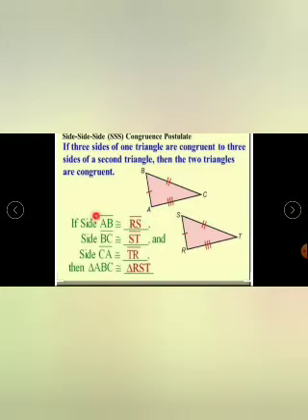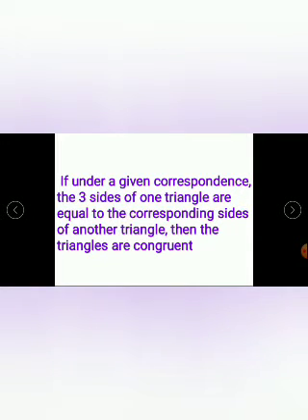That means AB should be equal to RS itself, not AB equal to ST. Then we cannot say that corresponding sides we should get. That is the meaning of corresponding. Clear? What is SSS congruence? The three sides of one triangle should be equal to the corresponding three sides of the other triangle. Then we can say the two triangles are congruent. Now using the SSS congruence criteria, we can solve some problems.